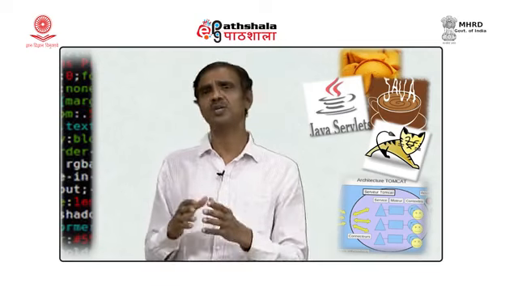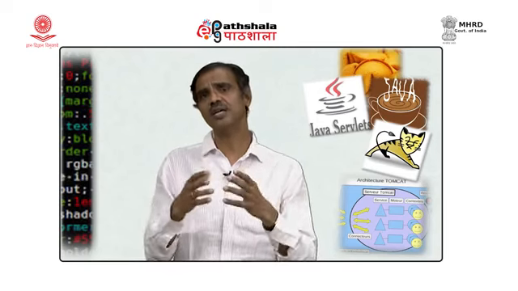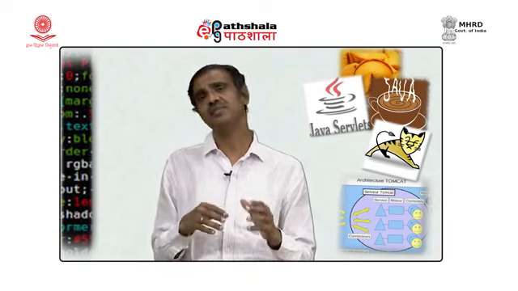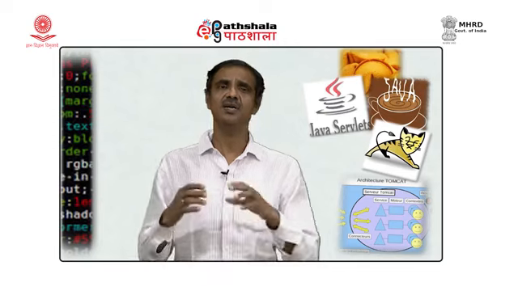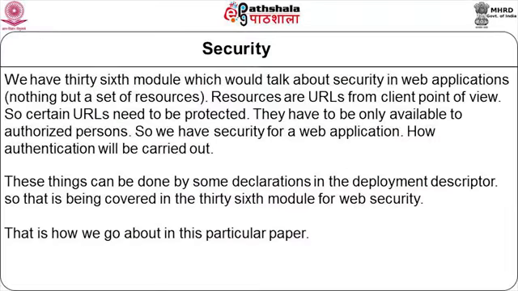So, we talk about security in general, and then we have another module which would talk about security in Java for a web application. A web application is nothing but a set of resources, and all those resources are available as URLs.